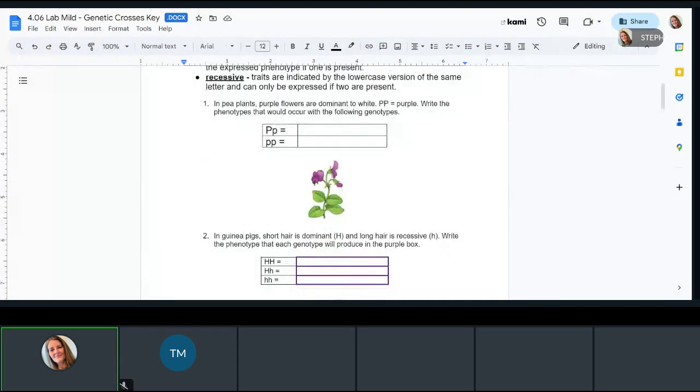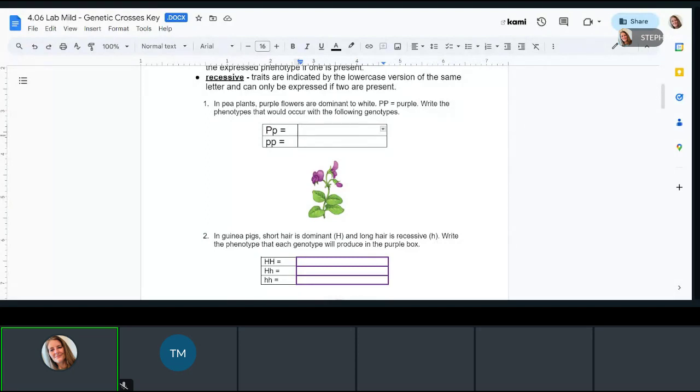So in this box right here, with the big P and little p, what color is our flower going to be? And if it's easier for you to use the microphone, Tyson, go ahead and use the microphone. Purple, exactly.